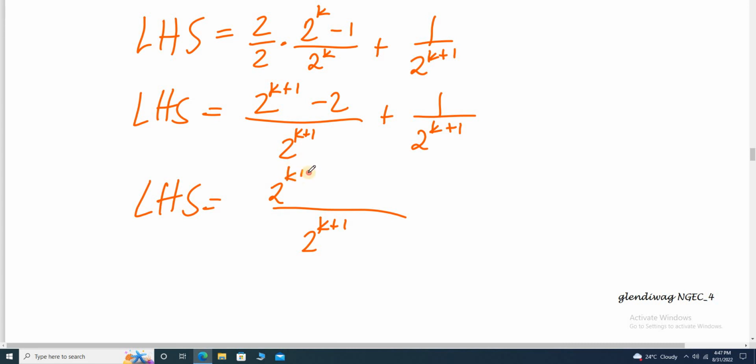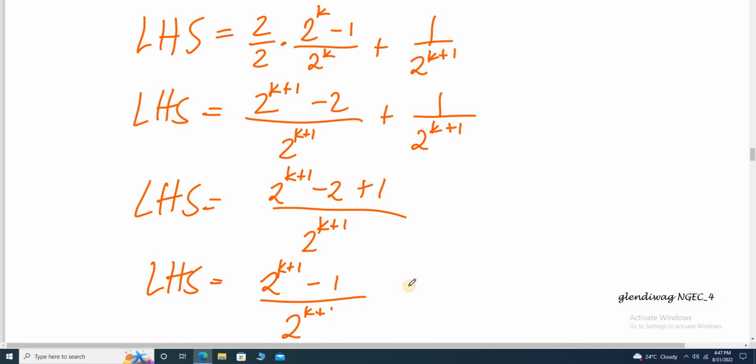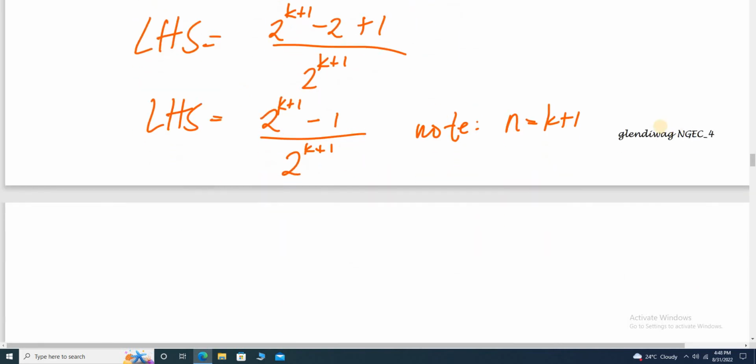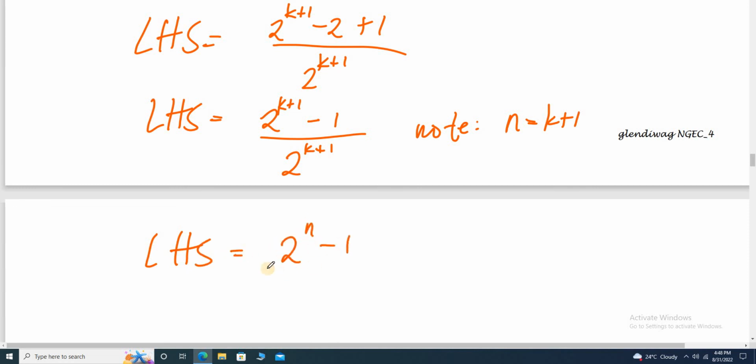That's 2 raised to k plus 1 minus 2 plus 1. And this is the same as 2 raised to k plus 1 minus 1, negative 2 and positive 1, over 2 raised to k plus 1. Note that n is equal now to k plus 1, so I can now replace k plus 1 with n. My left hand side is equal to 2 raised to n minus 1 over 2 raised to n.